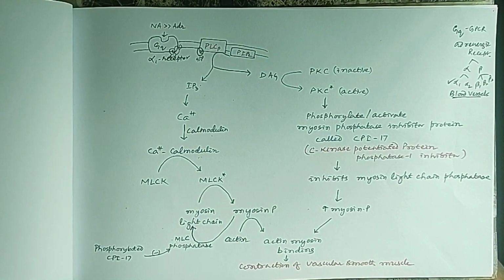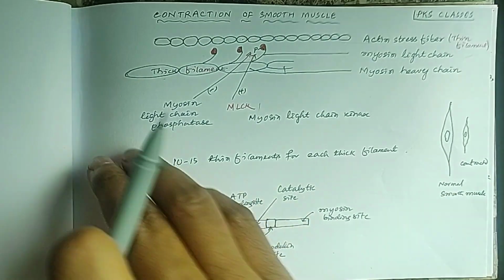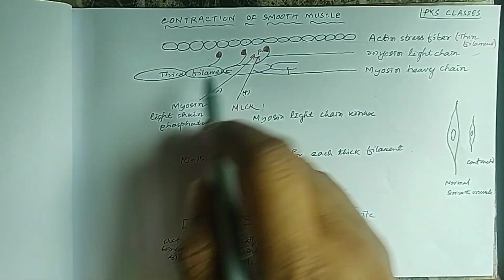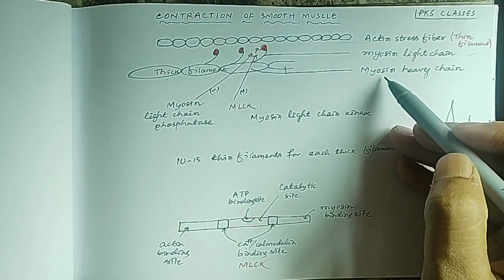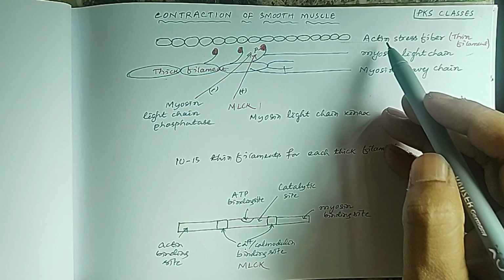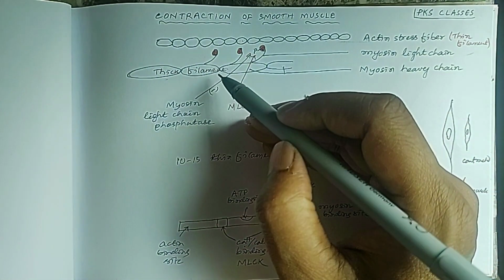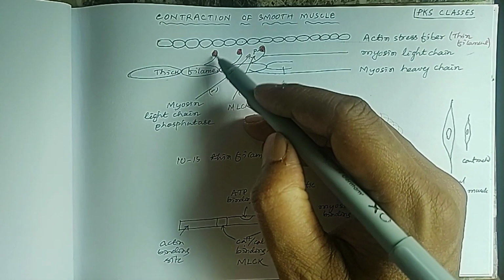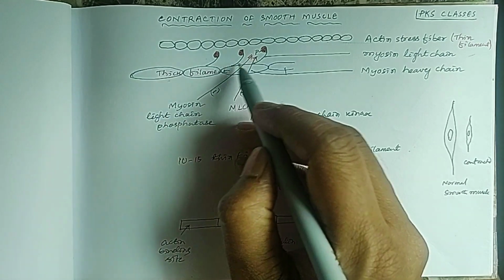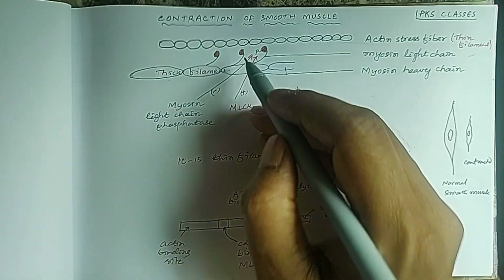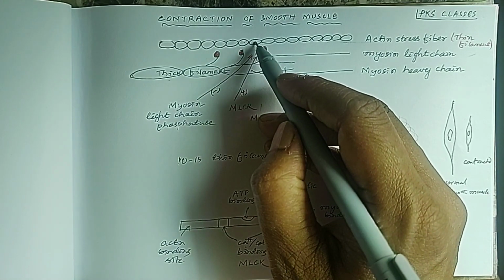If you see the mechanism of contraction and relaxation of smooth muscles, it consists of the thick filament, which consists of myosin, and the thin filament, which is actin. There are 10 to 15 thin filaments for each thick filament. The thick filament consists of myosin heavy chain and myosin light chain, and when the myosin light chain gets phosphorylated, it will bind to the actin.